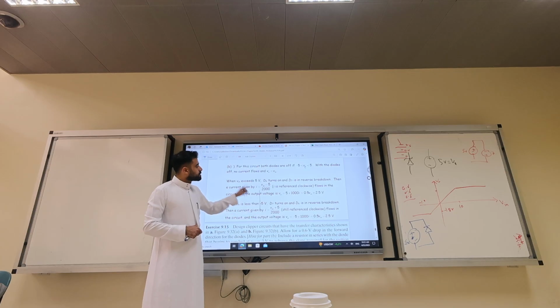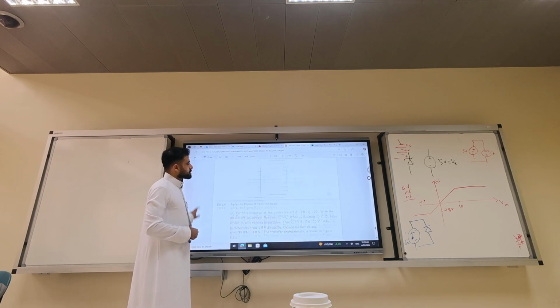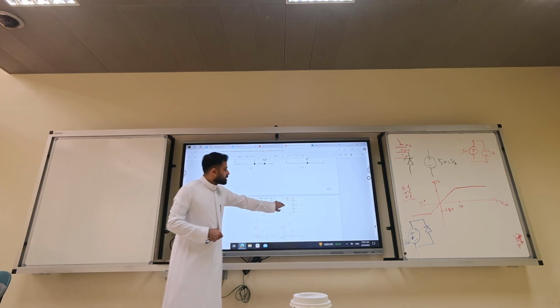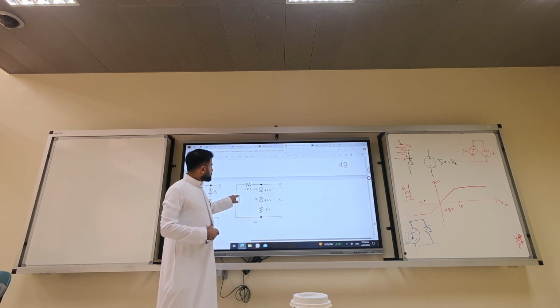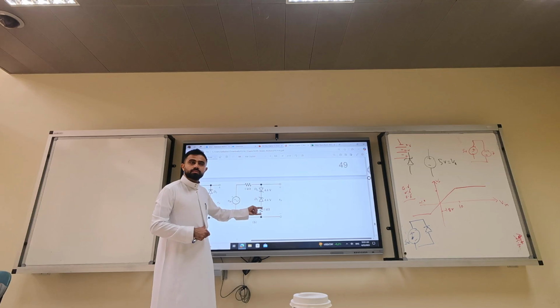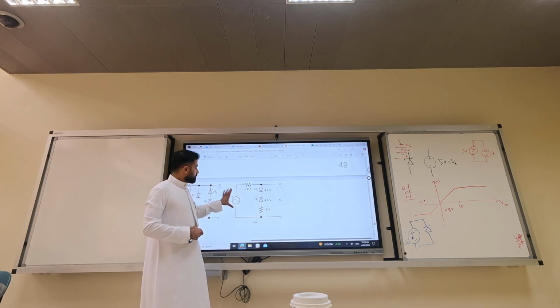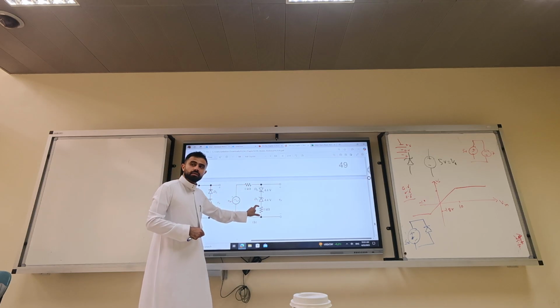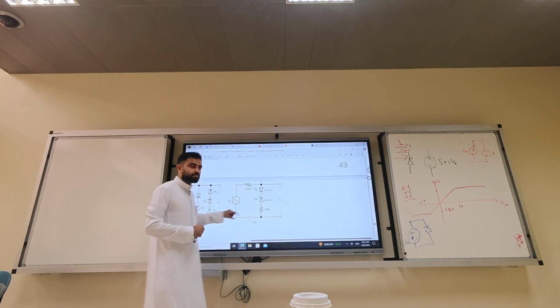Why over 2000? Because we have two resistors. It is V input minus 5 volts over R1 plus R2, everything in series. Get it?